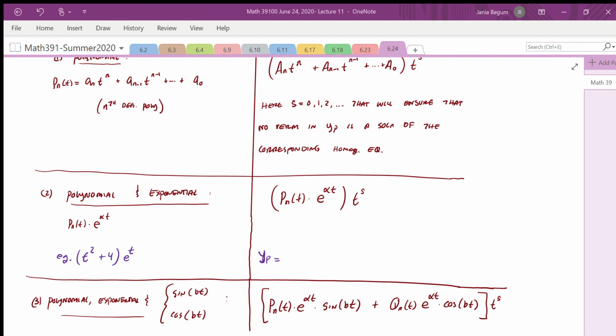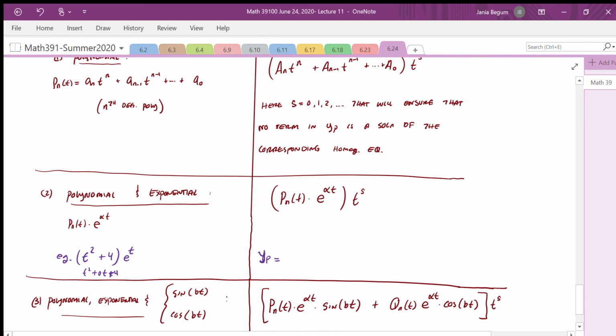So Sadia says t squared. Yes, that's part of it. But we don't need just t squared. T squared plus 4, that's a second degree polynomial, right? Because you can say this is a t squared plus 0t, because we don't have a t term, plus 4. So it's a second degree polynomial.